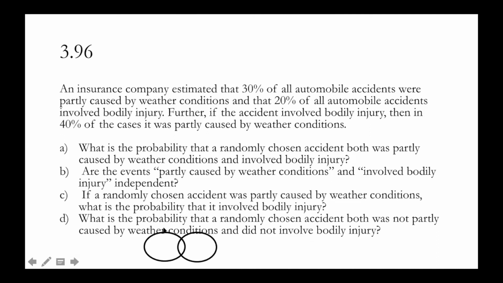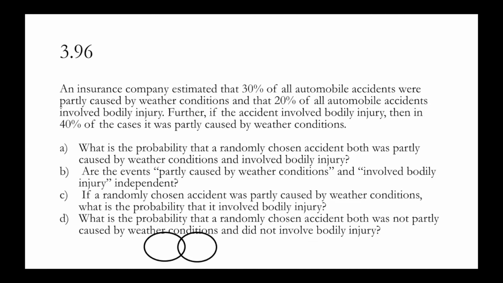So now we move to the next exercise. Here you have that an insurance company estimated that 30% of all automobile accidents were partly caused by weather conditions, and that 20% of all automobile accidents involved bodily injury.